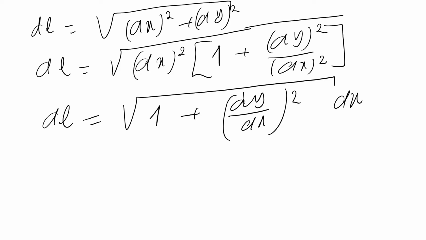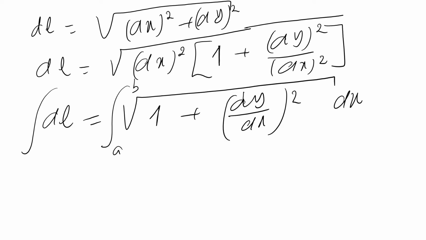To get the length from a to b, we are going to take the summation of all the small arcs within the interval. The summation we're talking about is the integration. So I'm going to apply the integral from a to b on both sides.